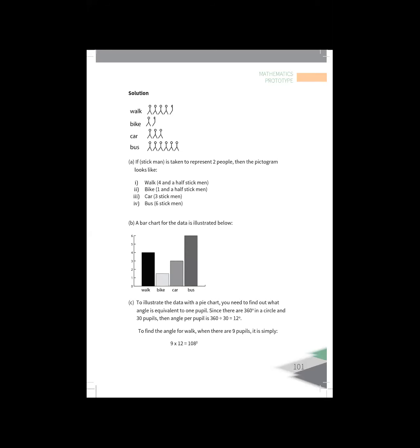That's why they drew 6 stick men. So you first find how one person is represented by a stick man, then you multiply it by the number for a given method of travel to get how many stick men you should draw. Thank you, Charity. So, benchmark, you should first find what each stick man represents.